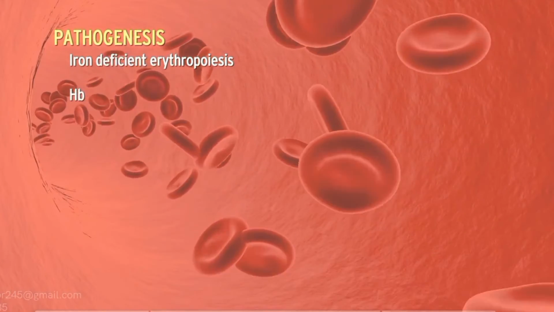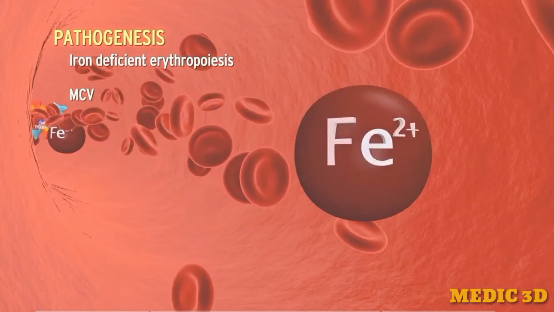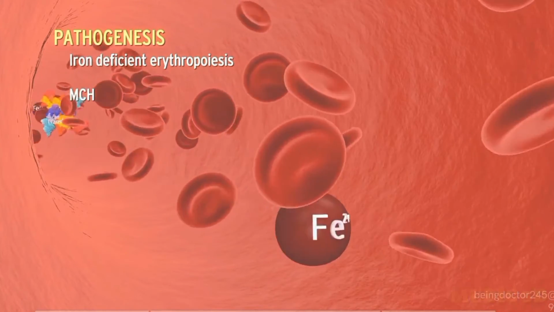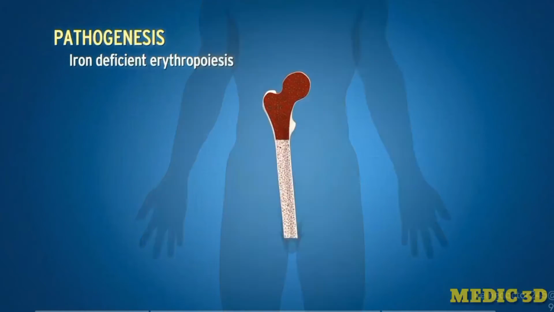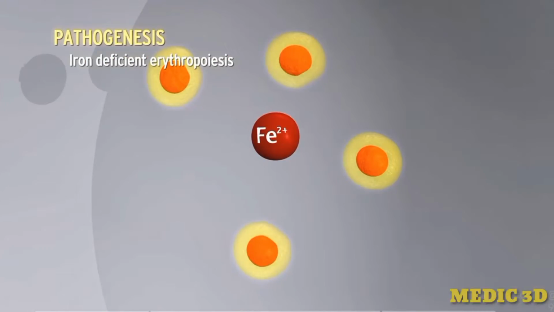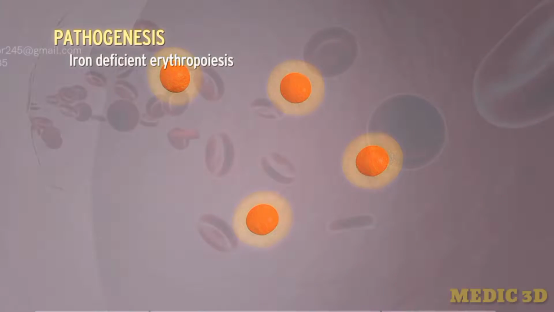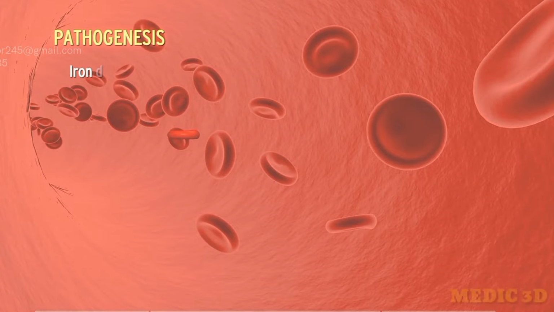Hb, MCV, and MCH are maintained. There will be signs of iron deficient erythropoiesis in bone marrow. Stage 3. Iron deficiency anemia.